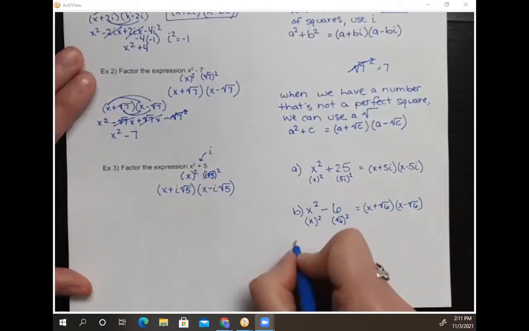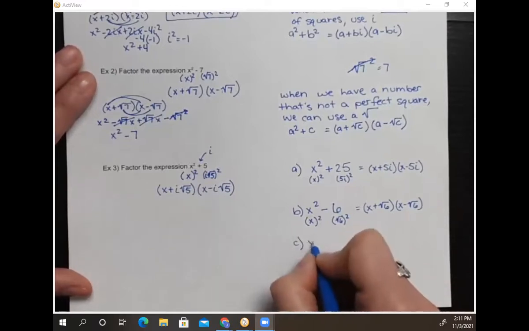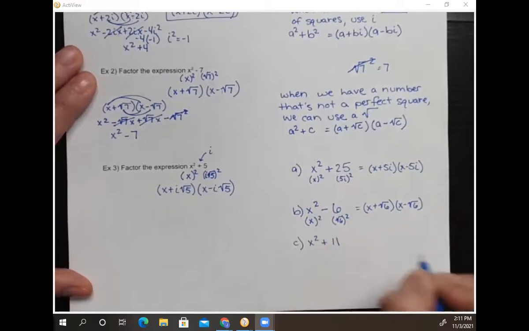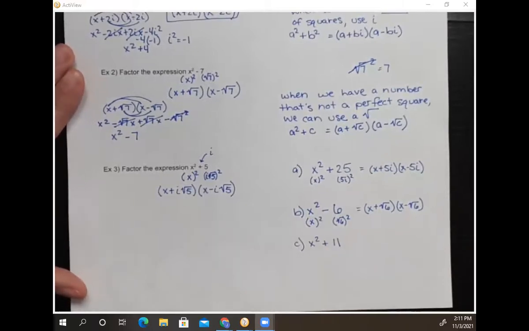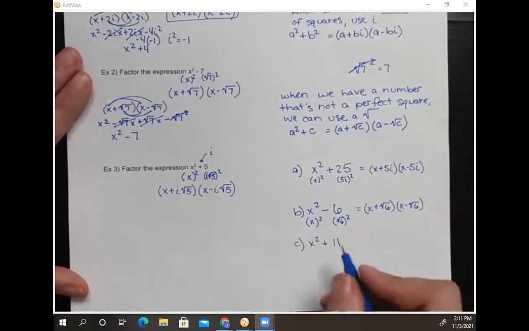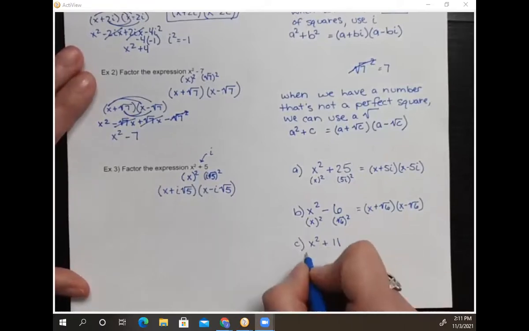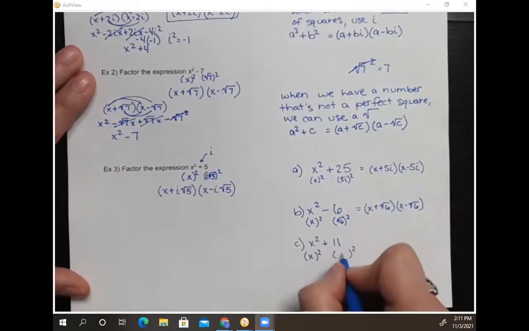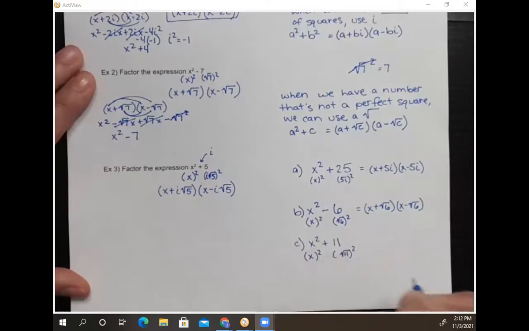And then let's try one more example. Let's try x squared plus 11. How would I factor x squared plus 11? So to factor this, I'm going to start by asking, what would I square to get x squared? That's x. And now what would I square to get 11? Well, it doesn't have a nice square root, so I would just use square root of 11.